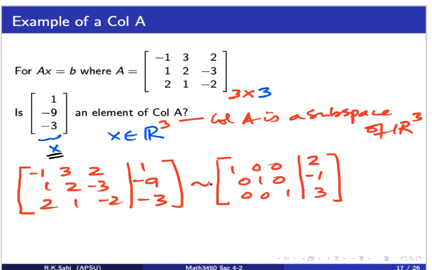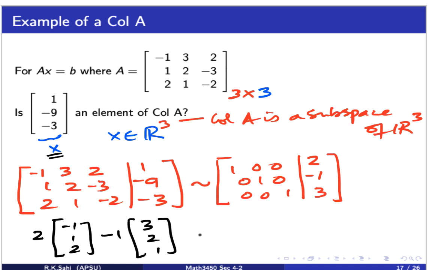And once we get it, let's see when I multiply 2 with -1, 1, 2, -1 times 3, 2, 1, and +3 times 2, -3, -2.